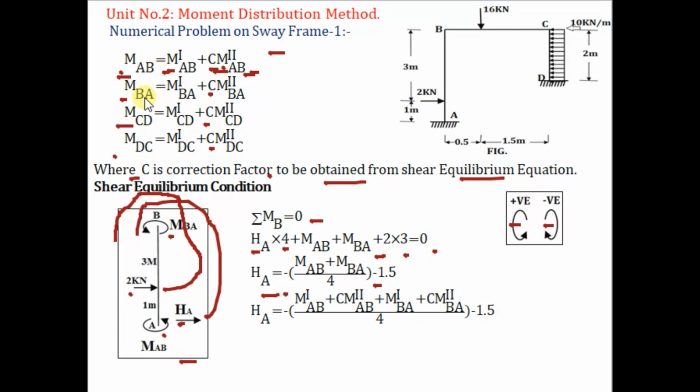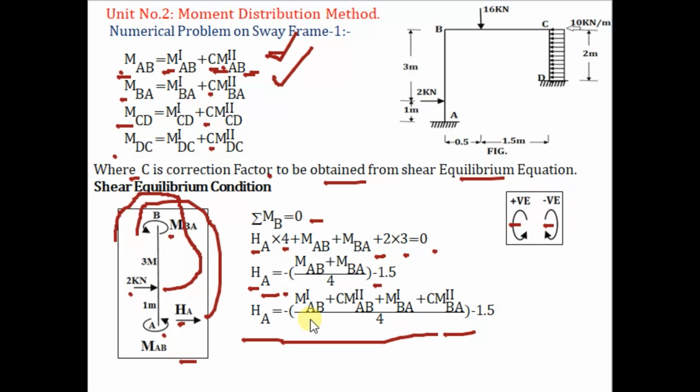MAB and MBA are the combination of moment due to the non-sway frame and sway frame, but in a sway frame consider C as a correction factor. So putting these values here in the equation for HA, we have this final equation.